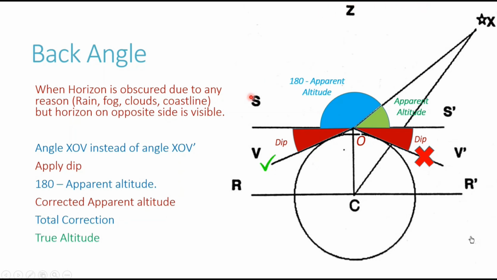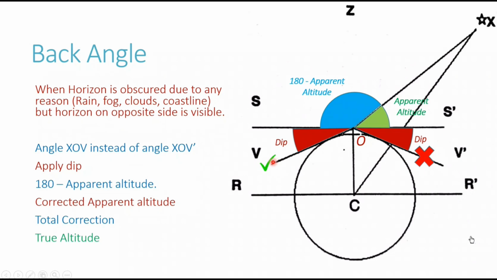You bring that body down to the horizon in the opposite direction, which in this case is OV. And once the body's projection or image comes here, you observe or note down the reading of the sextant, and this is the back angle of that particular body.